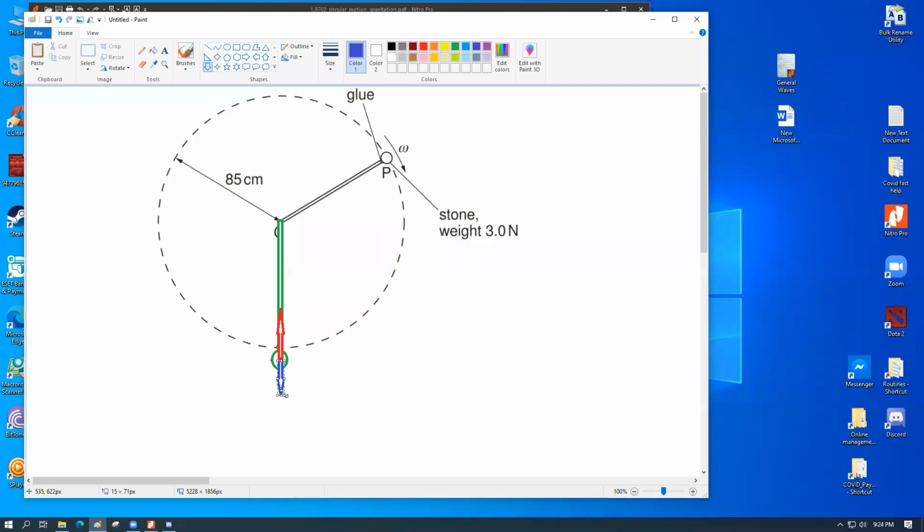I don't want to cover up this red arrow, that's why I'm drawing the tension with my bare hand. Let's say with orange. So the tension of the string at this position should work like this. So this is the tension, this is the weight, this is the FC. And because this is a circular motion object, the resultant force is the centripetal force, which has to come as a subtraction of tension minus weight.